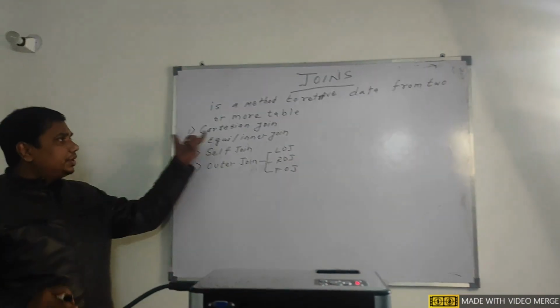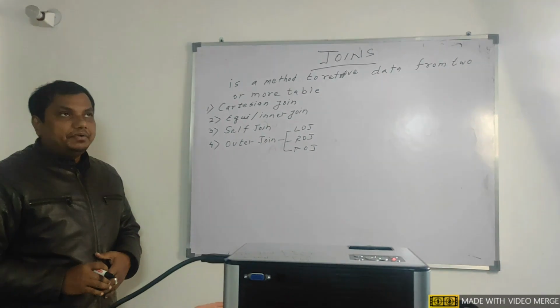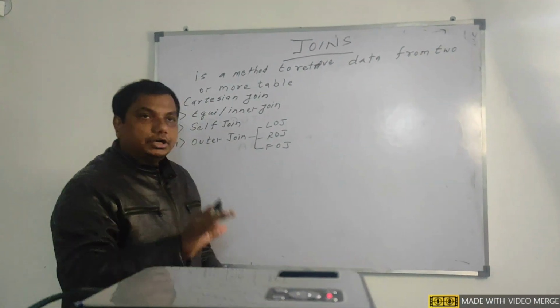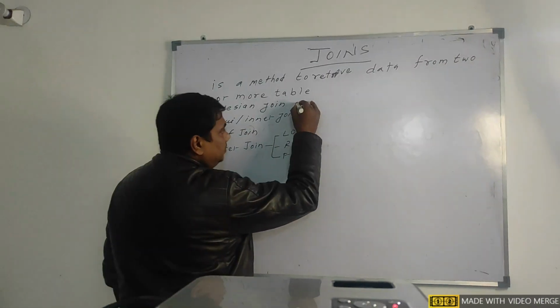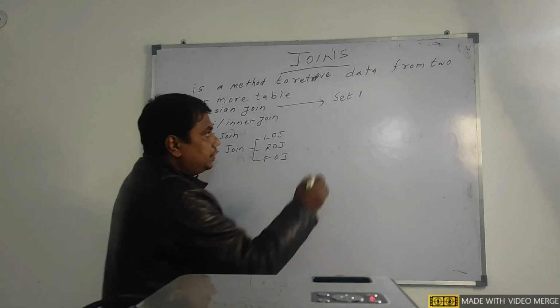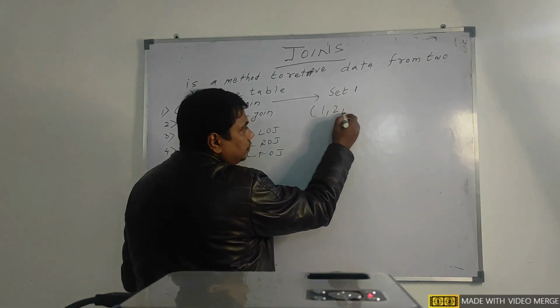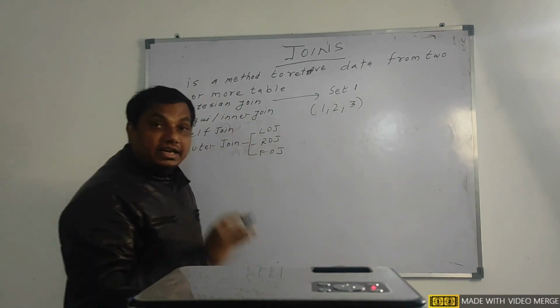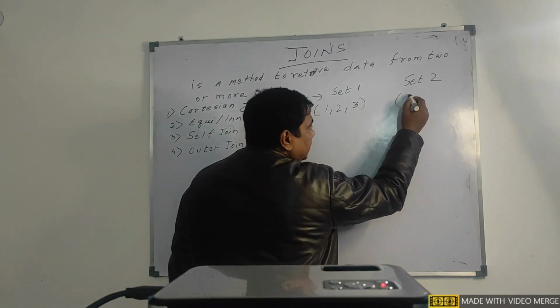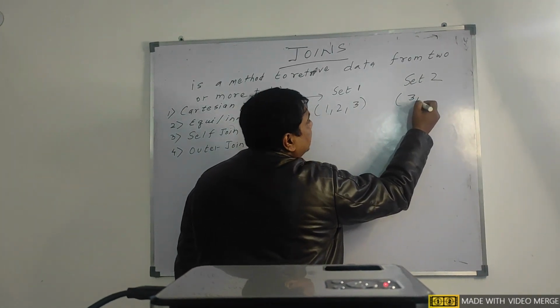So first thing we are going to learn is your Cartesian join, which is based on the Cartesian product. Cartesian product means there are 2 sets. Suppose set 1 has values 1, 2 and 3, and set 2 has values 3, 4.